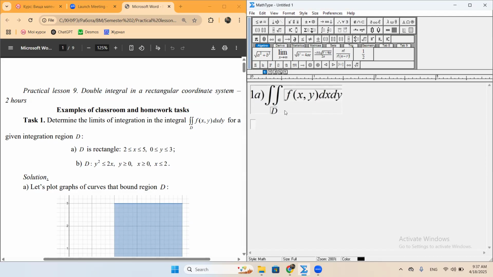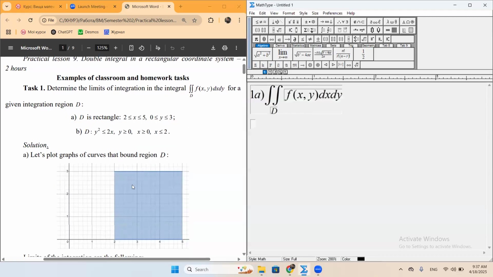We just need to define limits of integration. First of all, we have a rectangle, as we see on this figure: x from 2 to 5 and y from 0 to 3.